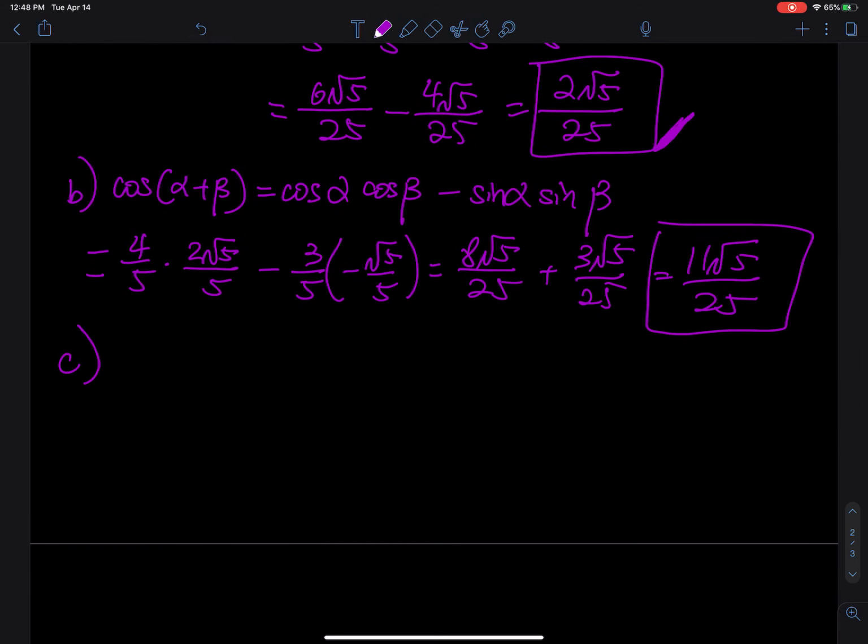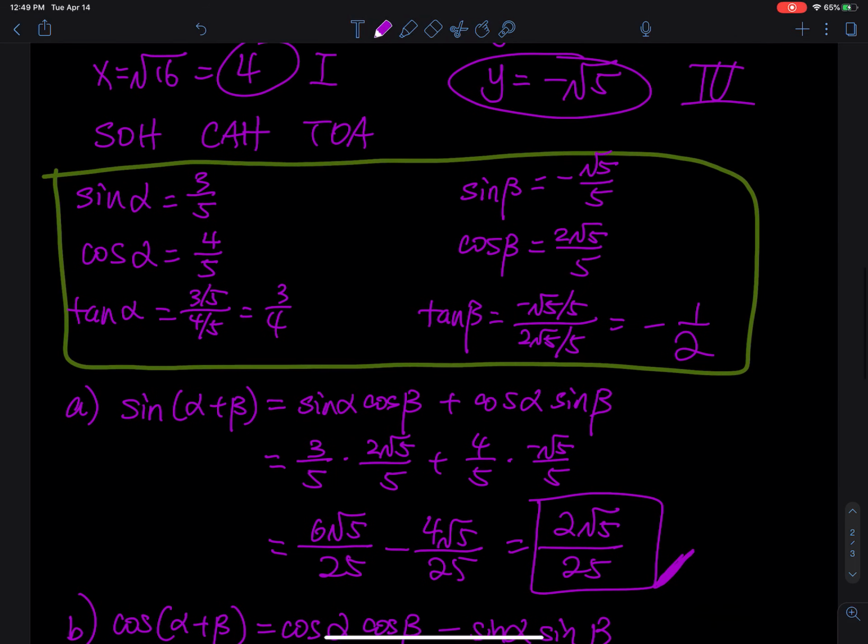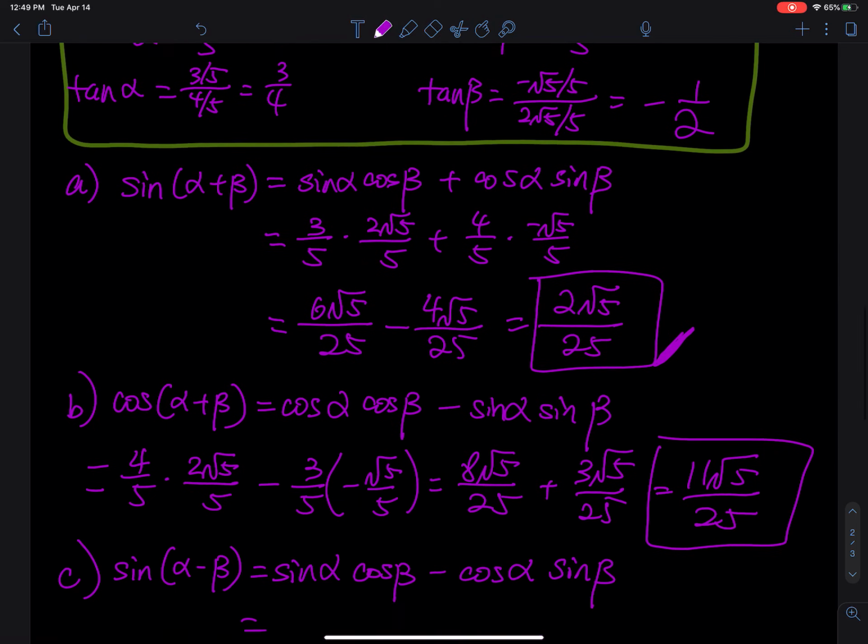Moving on to C, you have sine of alpha minus beta, which equals sine of alpha cosine of beta minus cosine alpha sine beta. And then you plug it in. So this is your ingredient, right? In this box, you just take it, plug it in, clean up the math, the job is done.